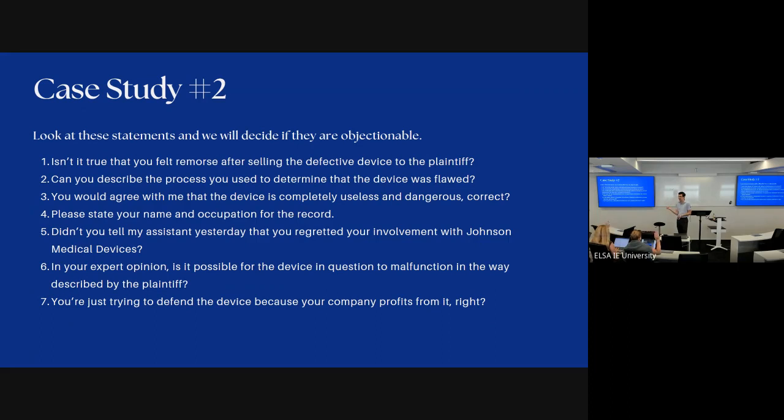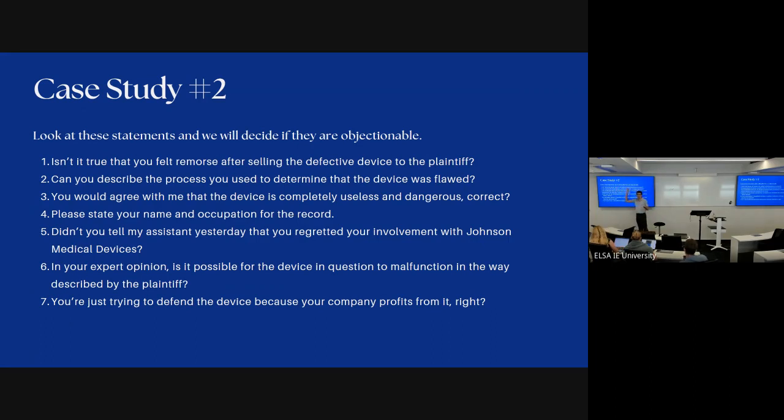Raise your hand if you don't think it can be objected to. It is cross, so you can. What would be the foundation for an objection? Newsflash, this is objectionable. Number one, you can object to it.